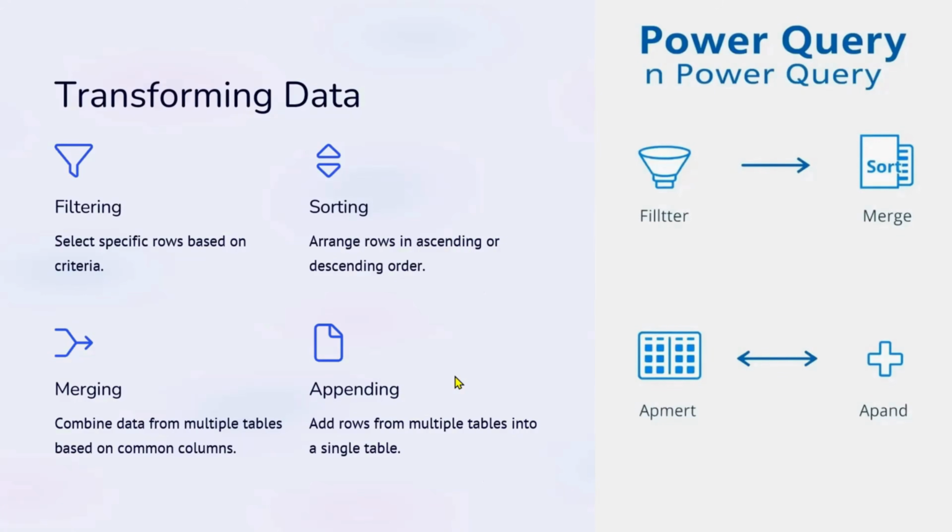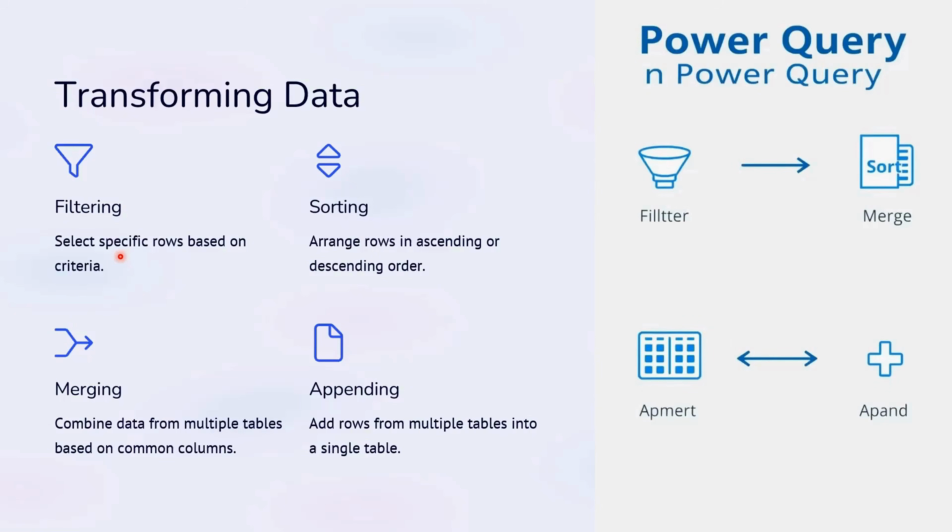You can filter your data to select specific rows based on criteria. Now, this is useful for narrowing down a large data set to the information you need. Now, when I talk about a large data set, I'm not talking about maybe 100 rows or 200 rows or 500 rows or 1,000 rows, 10,000 rows. I'm talking about big data, maybe 100,000 rows, maybe 70,000 rows, 50,000 rows, 1,000 columns, 500 columns.